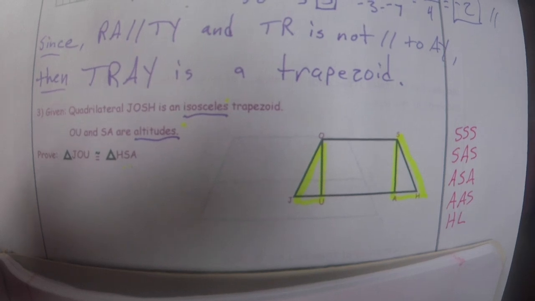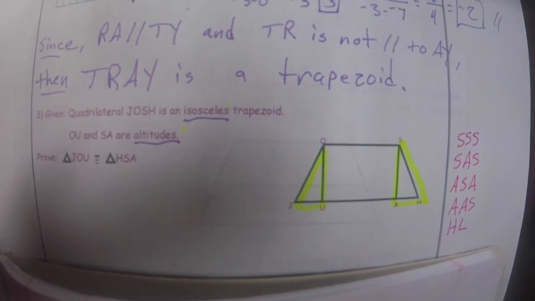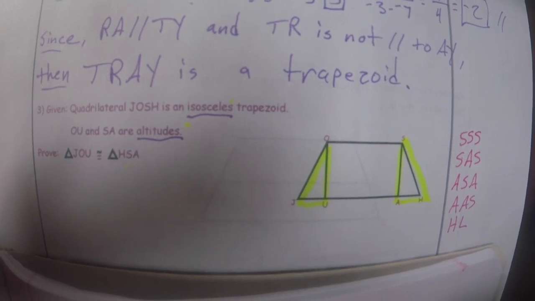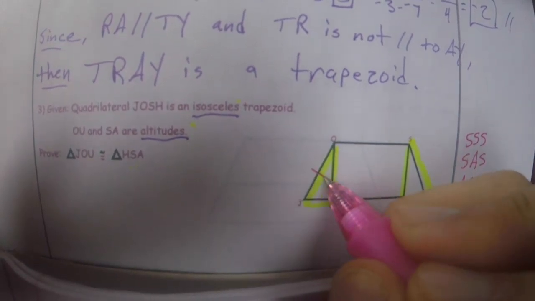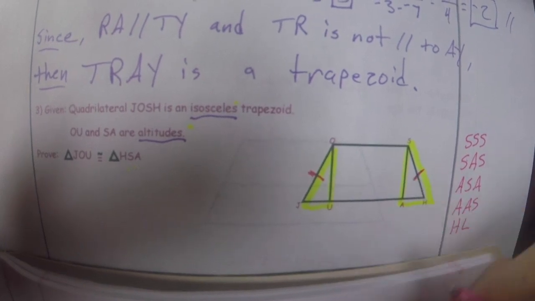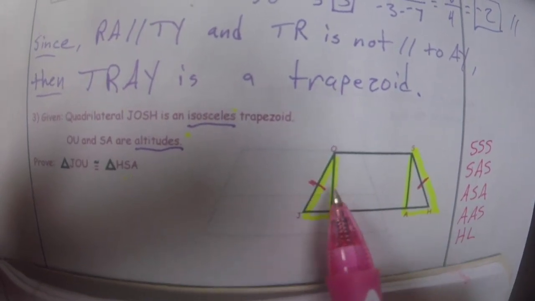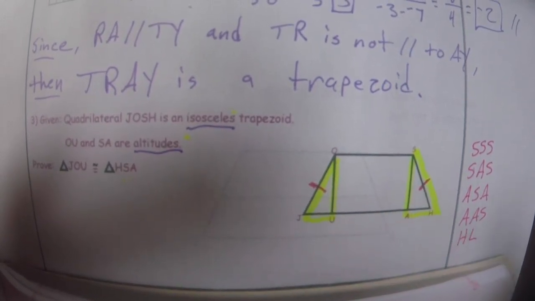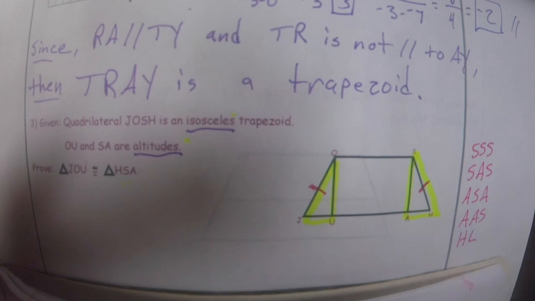Remember, it's the same thing. It means I have two congruent sides. Well, which two sides are congruent in this case? Pretty sure it's JO and SH. I know for a fact that since this is an isosceles trapezoid, JO is congruent to SH. Boom. There's our second statement.